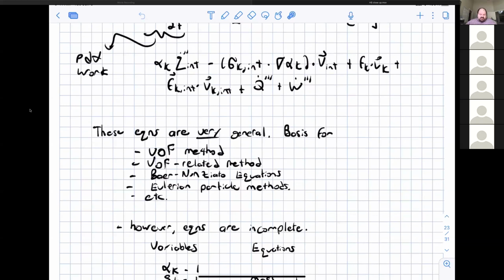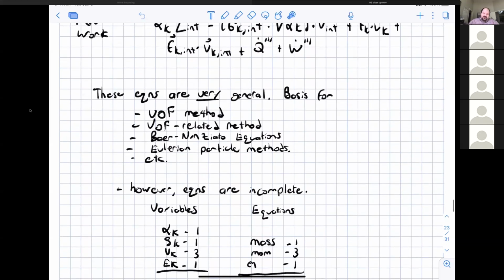But anyways, the equations I showed are very general, and they are the basis for these volume of fluid methods. The methods related to the volume of fluid method, meaning you solve the volume of fluid equations, but you don't use their special algorithms.